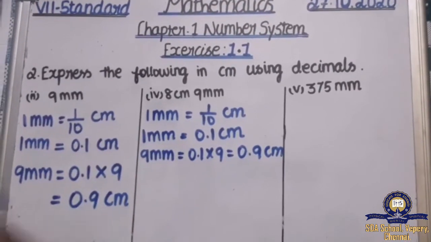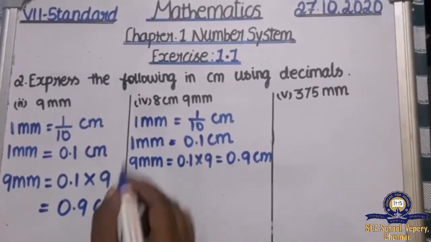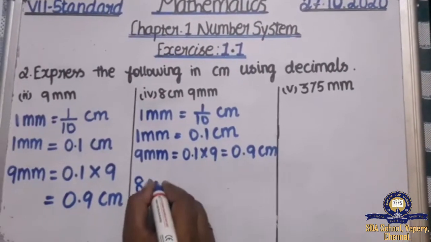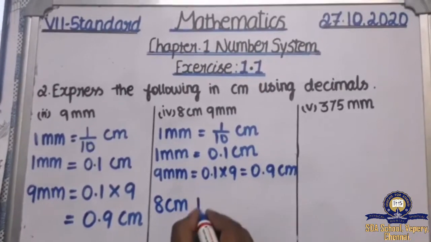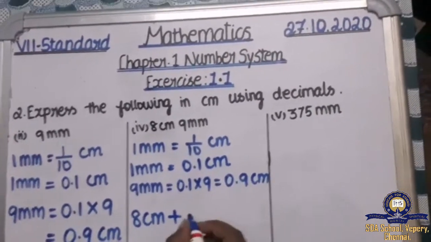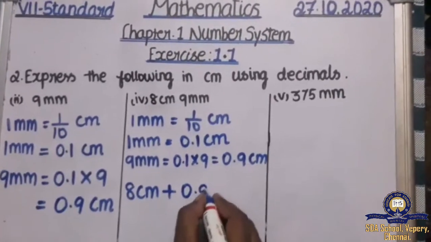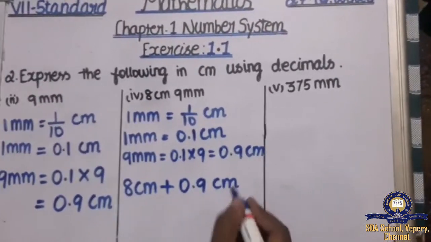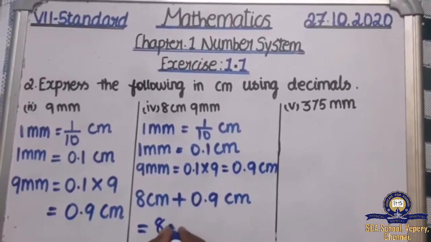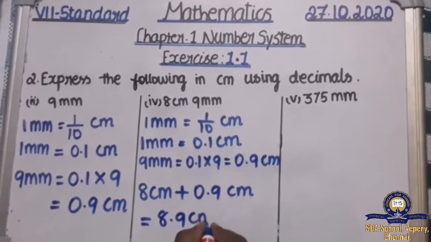Now we need to add both values. What was the first value they gave? 8 centimeter. So first we write 8 centimeter plus. The 9 millimeter can be changed into centimeter. What is the value? 0.9 centimeter. When we add both values, we get 8.9 centimeter.